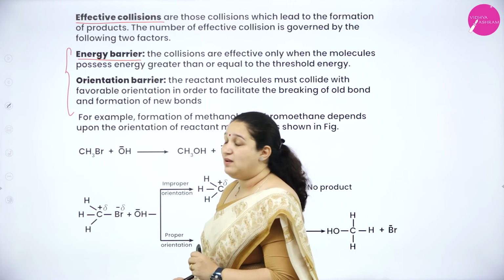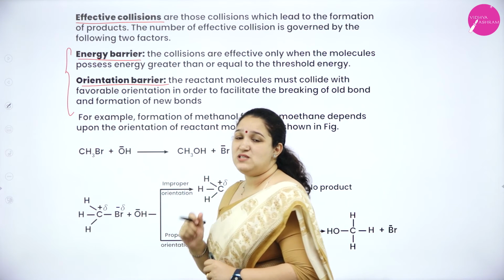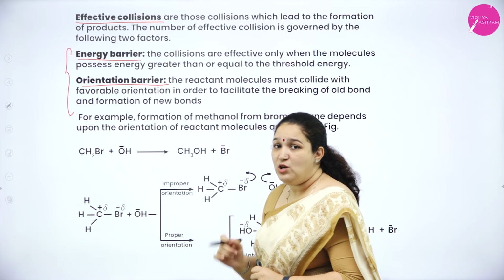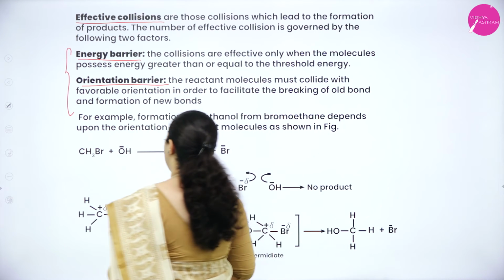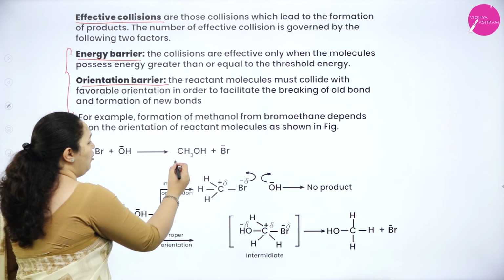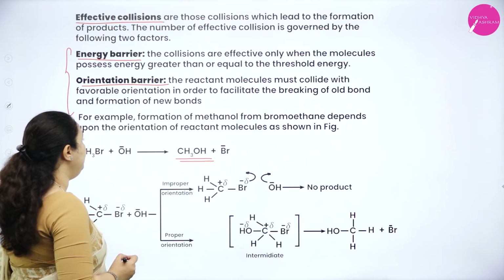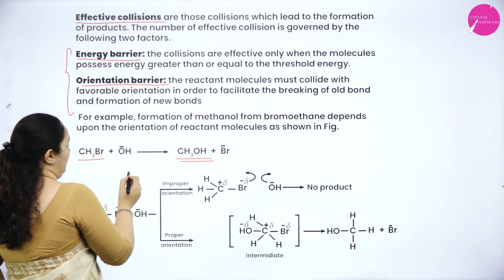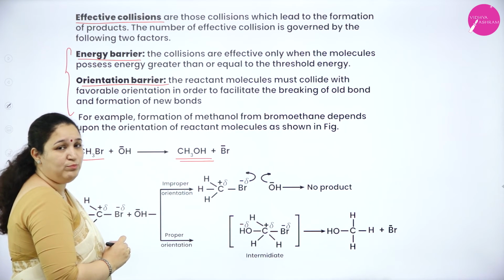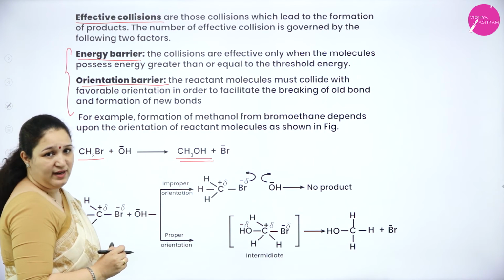The second barrier is the orientation barrier. Now what is this orientation barrier? To understand this, I'll take an example of the formation of methanol, CH3OH, from bromoethane. This is a nucleophilic substitution reaction.